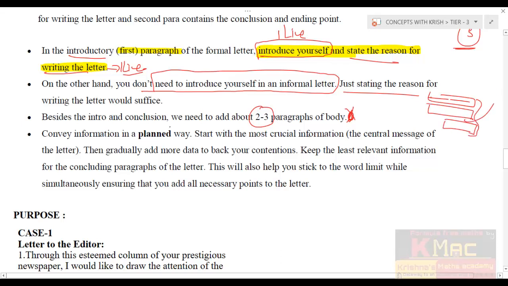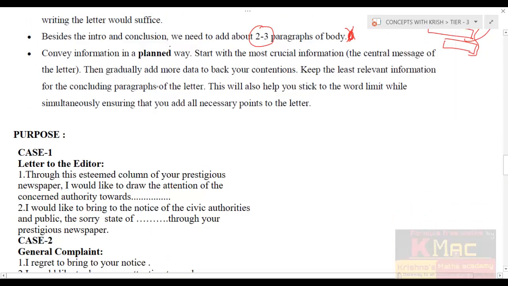3 paras done. Next, convey the information in a planned way. Start with the most crucial information. Any reader will read from top to bottom, so the crux should be at the top, not at the bottom. The most important information should be written at the beginning, and gradually add more data to back your contentions.